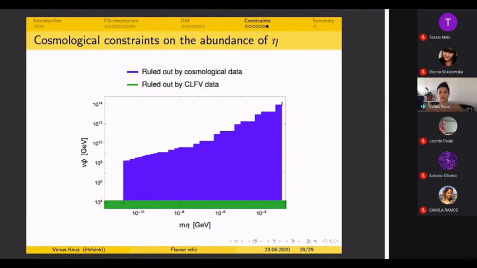Whereas when you go to heavier eta particles and larger VEVs, then your model is constrained basically from CMB, BBN, small scale structure, and the heavier the mass of your eta is, the larger your VEV of the flavon has to be. Otherwise, your model is basically ruled out.